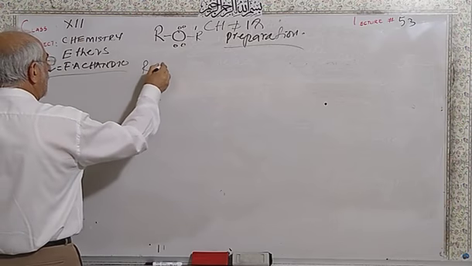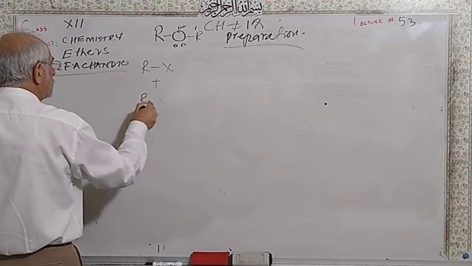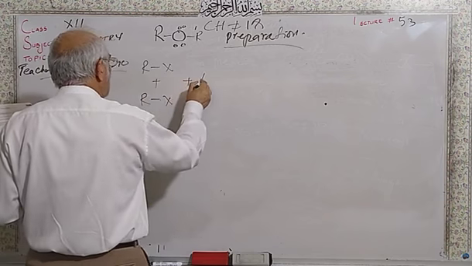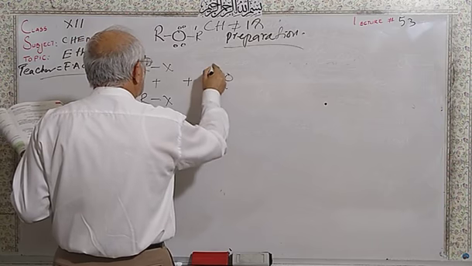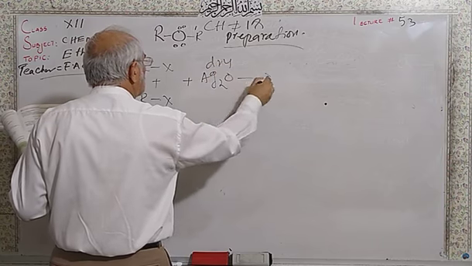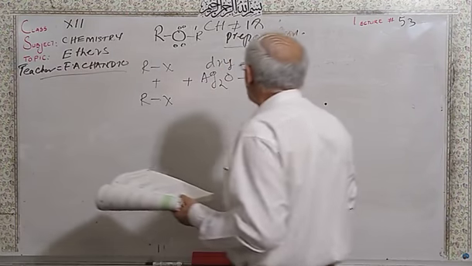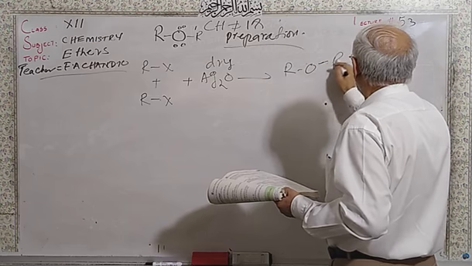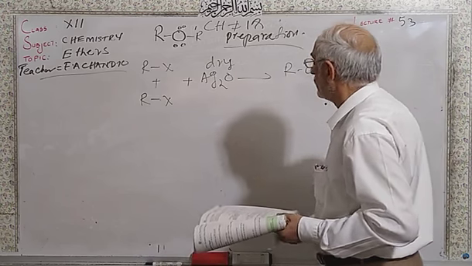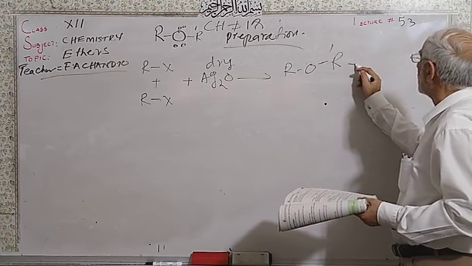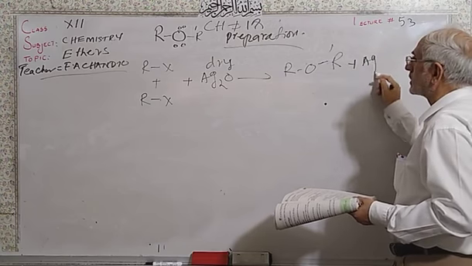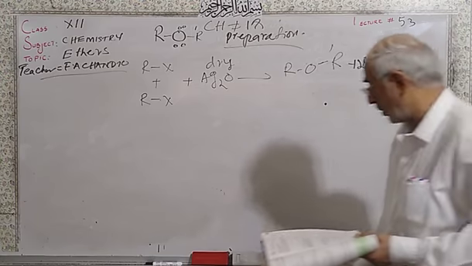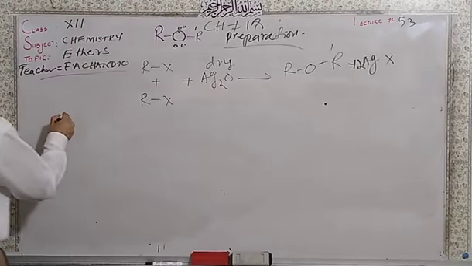Two molecules of alkyl halide plus dry silver oxide, so you will get the ether and silver halide. So simple.